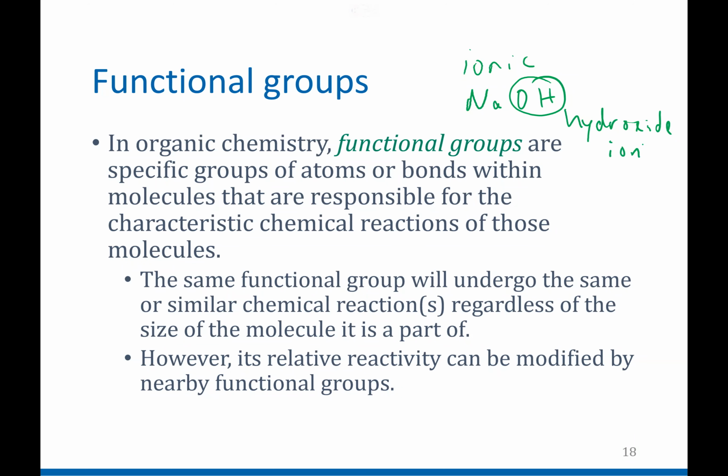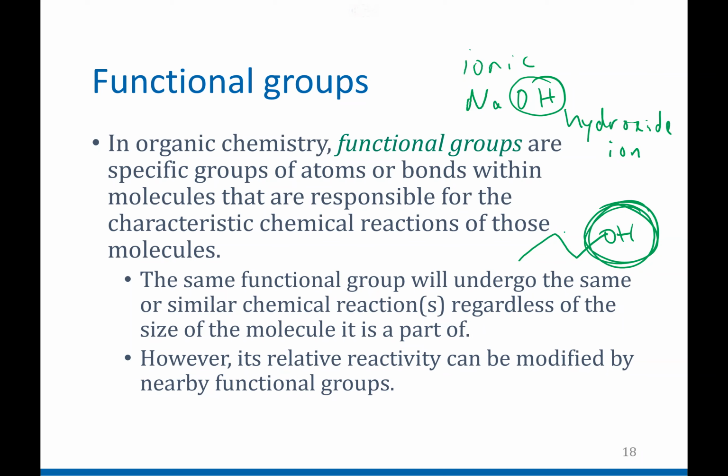But when you're dealing with organic chemicals, one important thing to remember is that none of these are ionic. There are no ions. So when I draw something like this right here, because it's not ionic, we can't call it hydroxide. That specifically refers to an ion that has a charge.